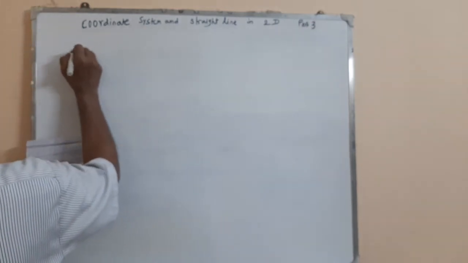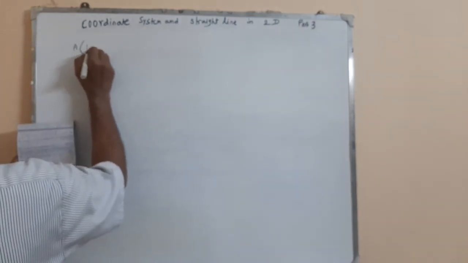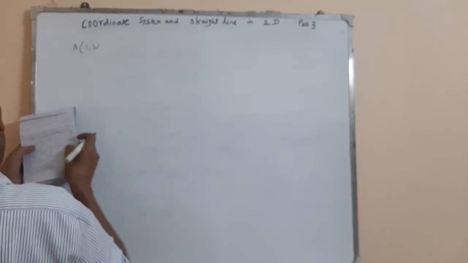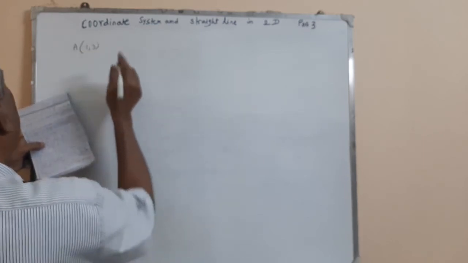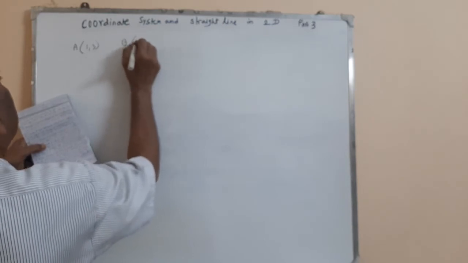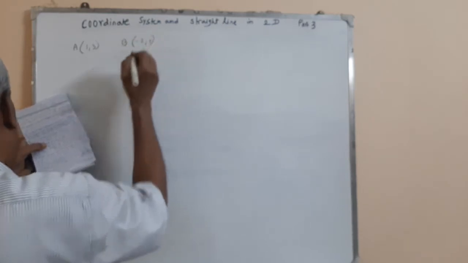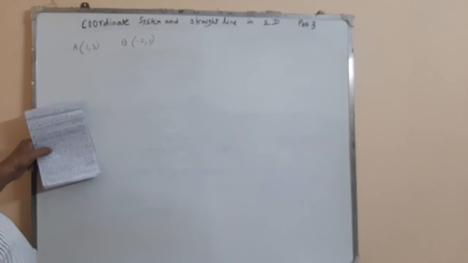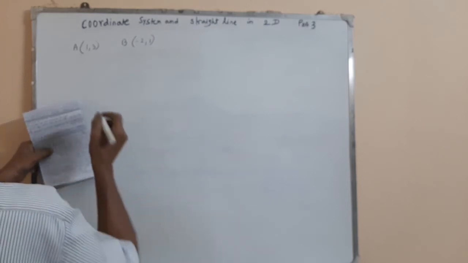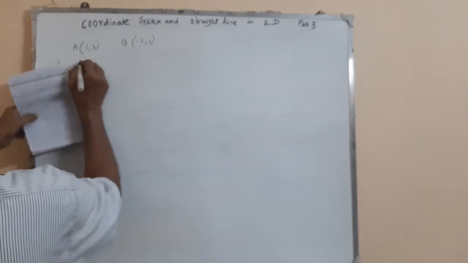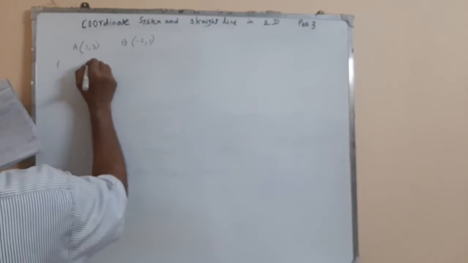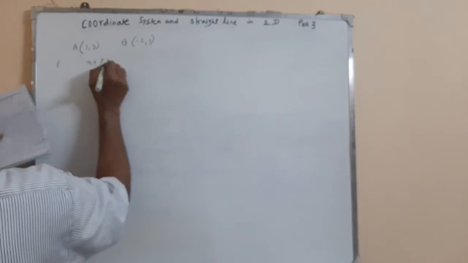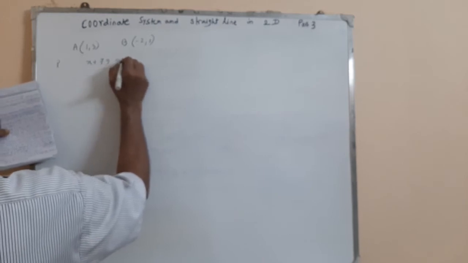Next problem. A (1, 3) and B (-2, 1) are two fixed points. P is a variable point on x plus 7y is equal to 12.